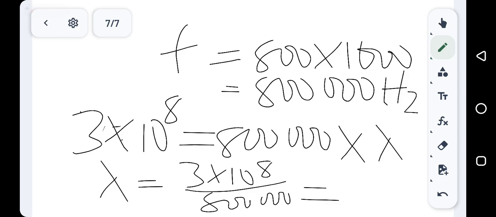Whatever they ask you to solve, the most important thing is to remember the formula, which is V is equal to F times lambda. Once you remember the formula, bring out your parameters and do your unit conversion if necessary, you can get the answer easily. Okay, that would be enough for that. Now we go to another one.